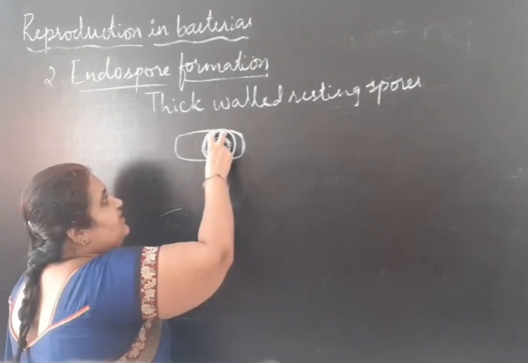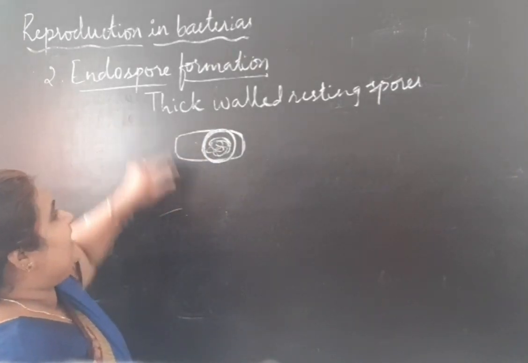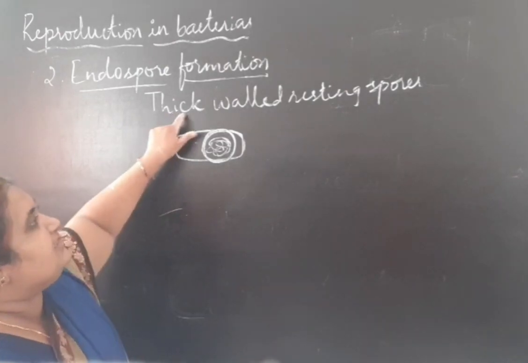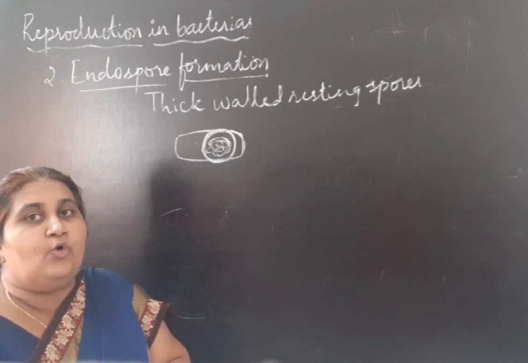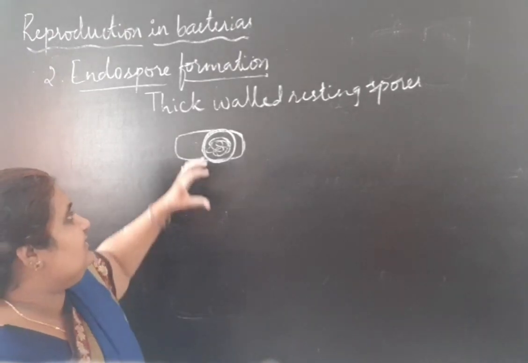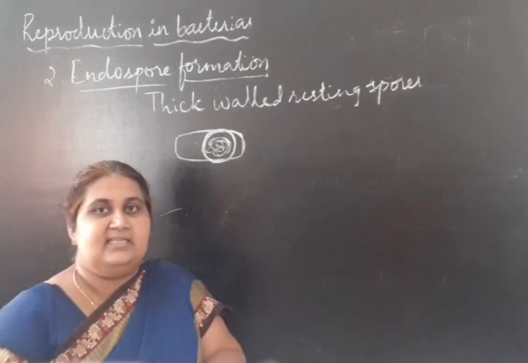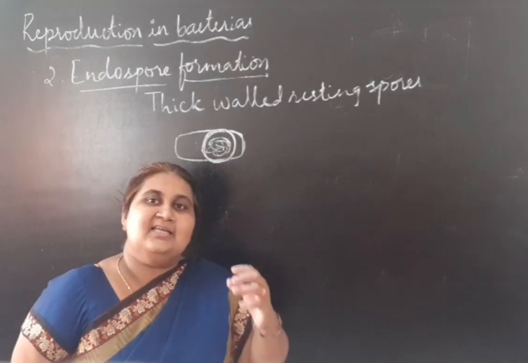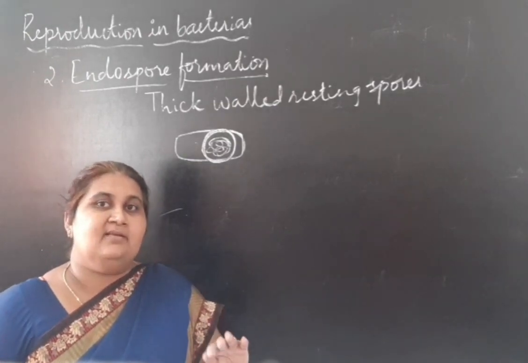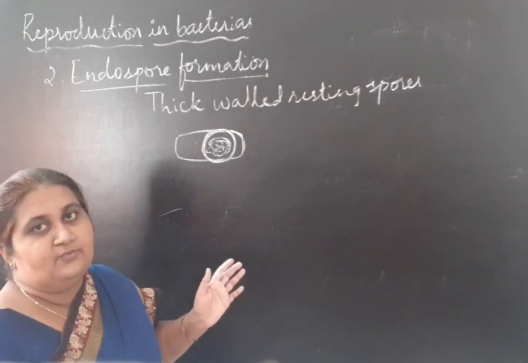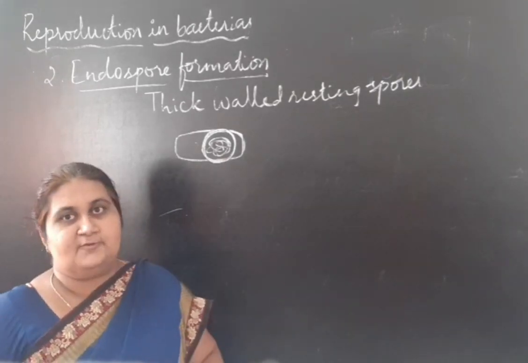The spore is formed inside a bacterial cell, hence it is called endospore. We call it a thick-walled resting spore. Why is it called resting? To overcome unfavorable conditions. The bacterial cell will be present in the spore condition itself. When the conditions become favorable, only then will a new bacterial cell be produced from this.